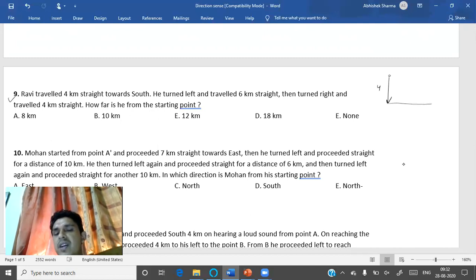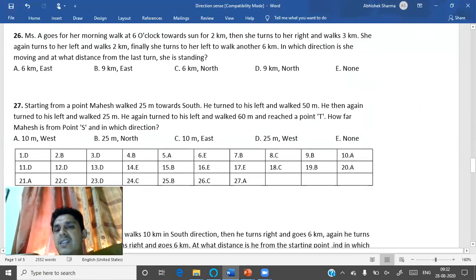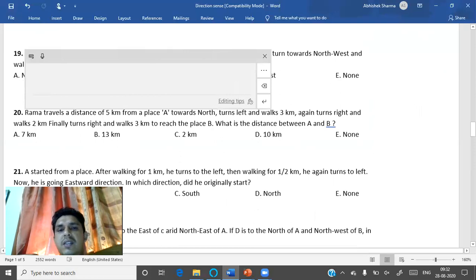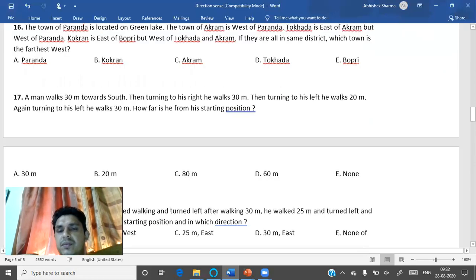That means left and 6 kilometer straight. Again turned right and traveled 4 kilometer straight. So this can be the situation, 4 kilometer. How far is he from the starting point? So if we check from the starting point and the distance from the point where he has reached, this will be the simpler one.